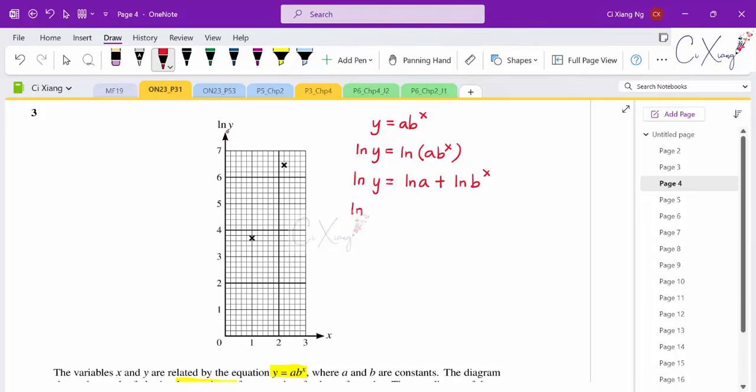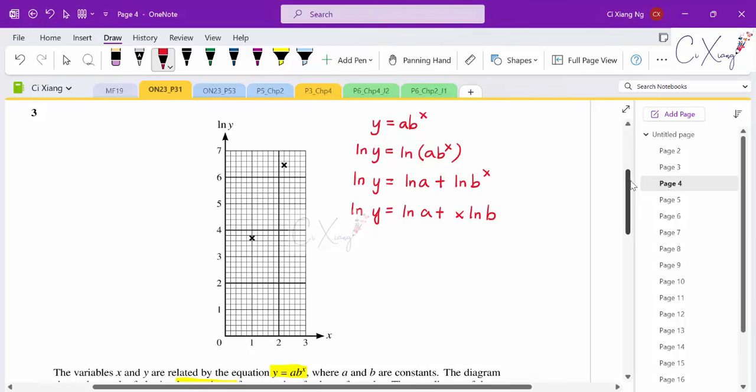Then if you further simplify, the power in the ln can be taken in front as a constant. So I'm having ln y equals ln a plus x ln b. From here you can see very clearly that ln y is my y-axis and x is the x-axis. So at this stage, I'm able to use the points from the diagram and substitute into the equation that we formed here.